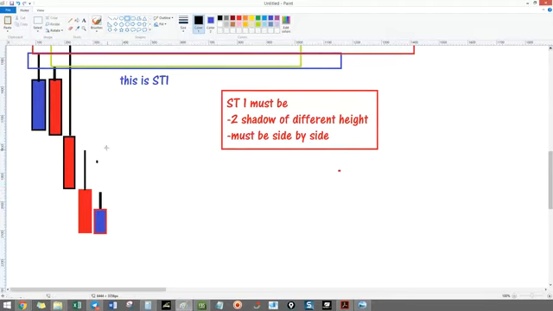This is not ST1, okay? This is not ST1. It must be higher than this, it must be higher over here. Then it can become ST1, alright?